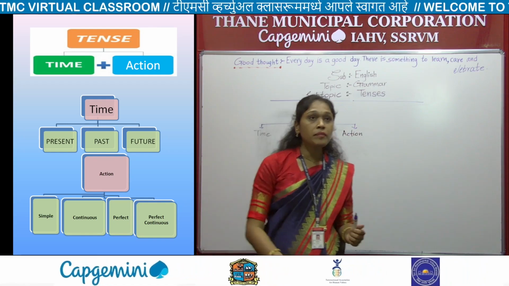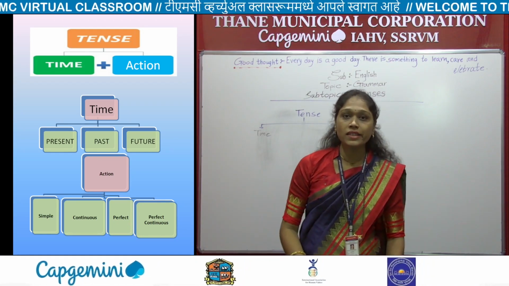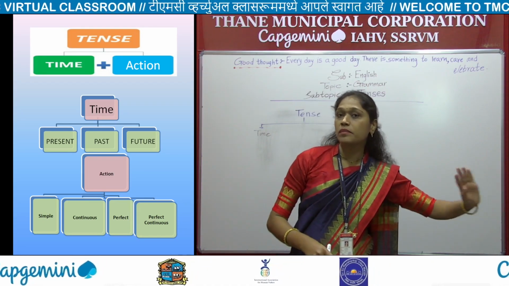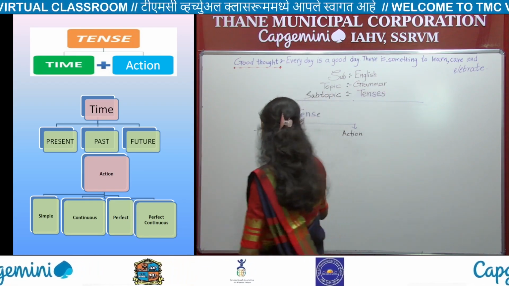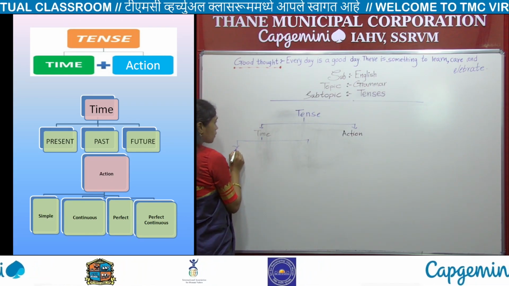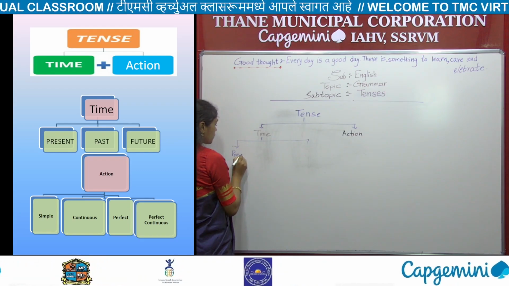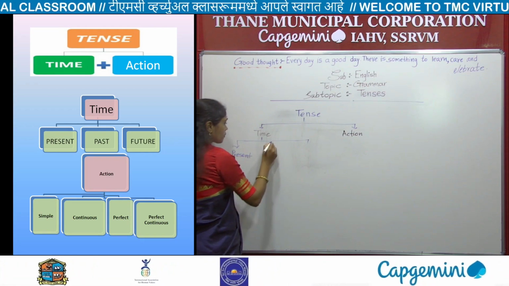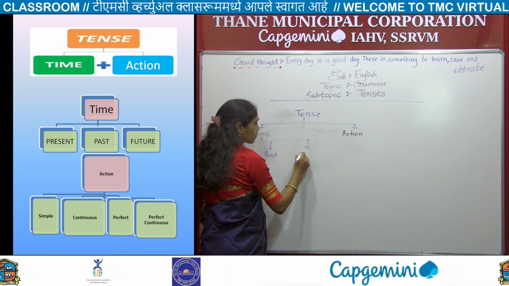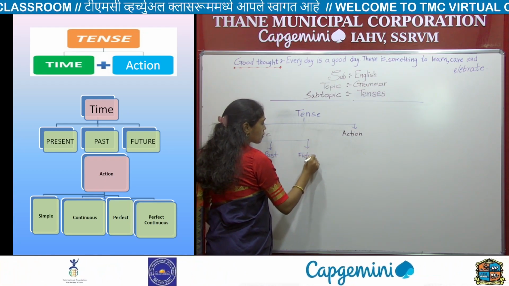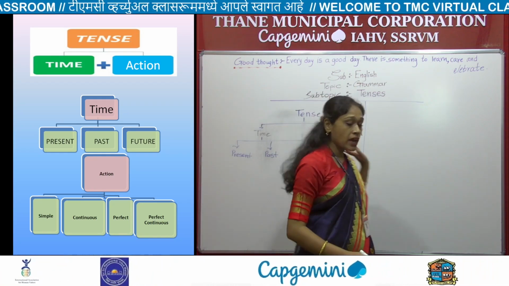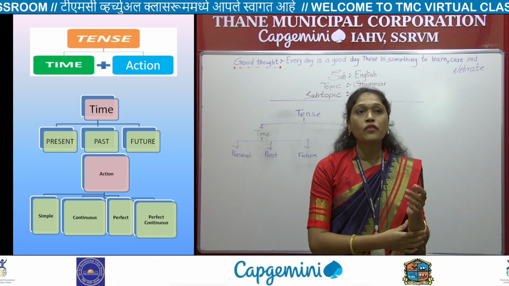See, time is divided into present, past, and future, as we already saw: present time, past time, and future time. And the action is divided into four subtypes.